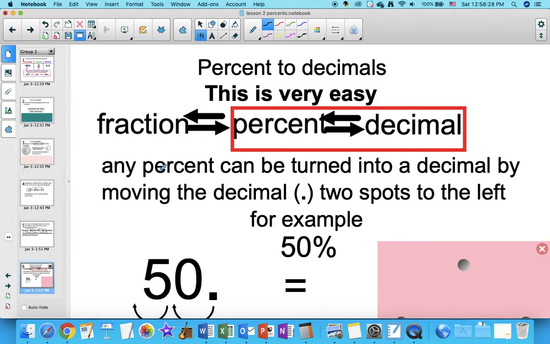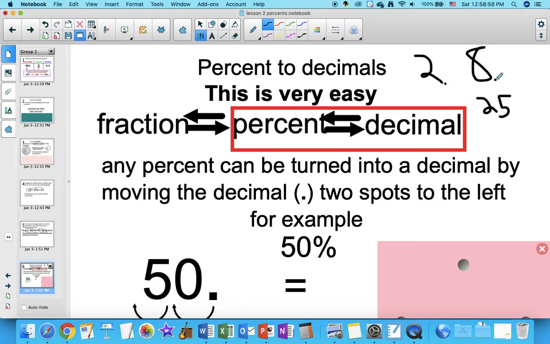So, percents to decimal, this is very easy. Any percent, any at all, can be turned into a decimal by moving that decimal, that little dot, 2 spots to the left. So here we have 50%. Now you may be asking yourself, where's my decimal? When you write any number like 2 or 8 or 25, you don't write the decimal because there's no need to, but it's there.